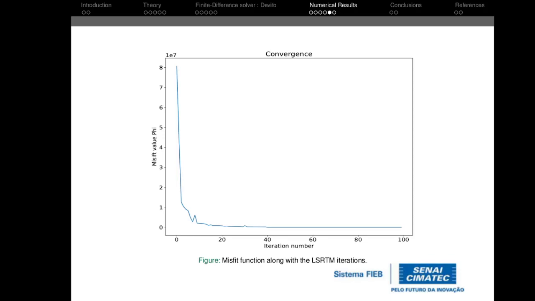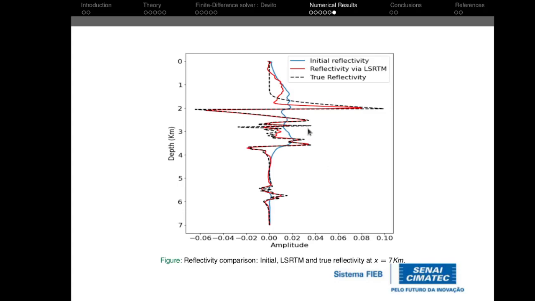The error is decreased. And here I have a very important QC, which shows the reflectivity amplitude values. The dashed black one is the true reflectivity. It's just for quality control, since it's synthetic data; in reality, you don't have it. In blue is the initial one, so you see that it is super far away from the true reflectivity, the true image.